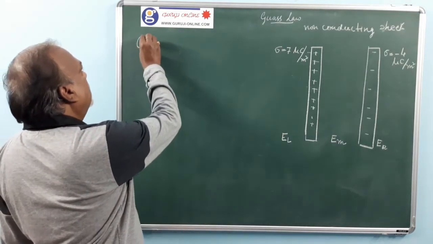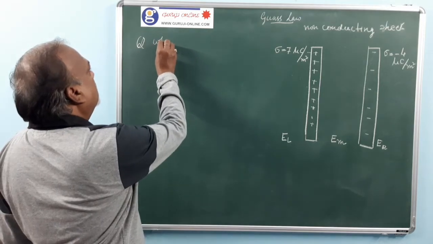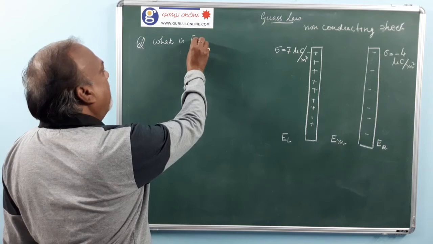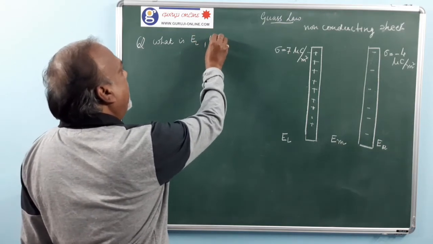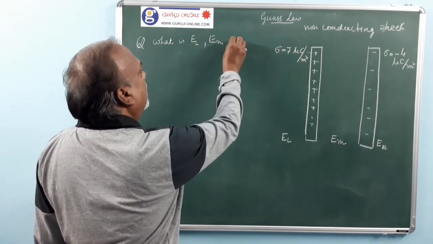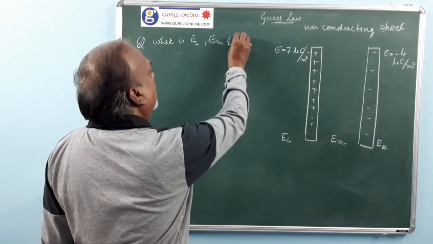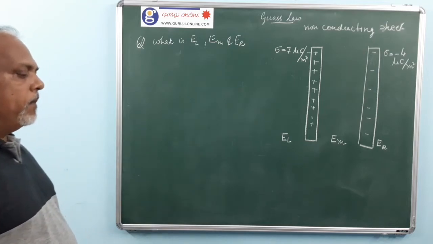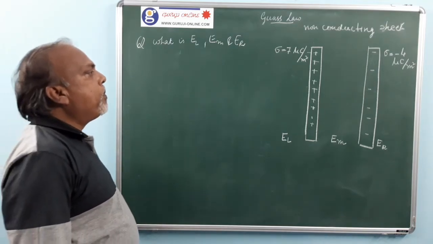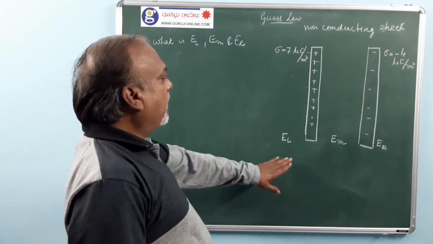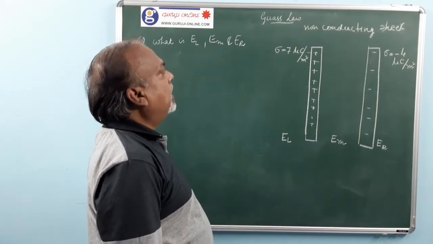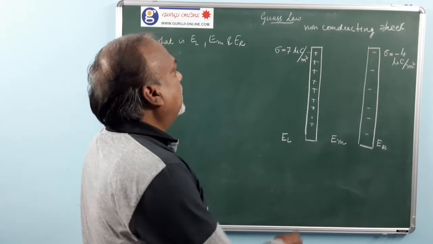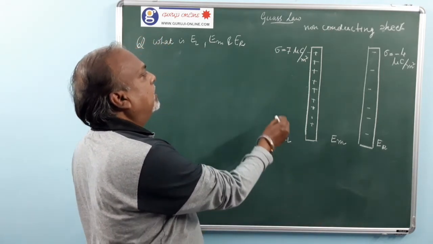So our question is, what is EL, that is on the left, EM, that is in the middle, and ER, that is on the right side. Now, for solving this, let us make use of the Gauss law.